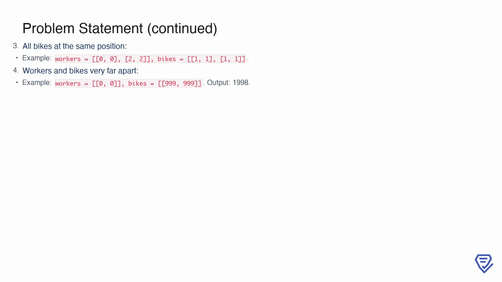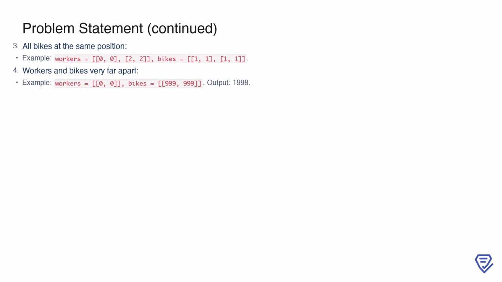We also have some constraints and edge cases to consider. The number of workers and bikes is between 1 and 10, and each position is represented as a pair of integers within the range of 0 to 999. Edge cases include scenarios like having only 1 worker and 1 bike, where the solution is straightforward.